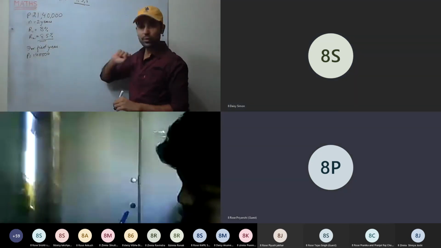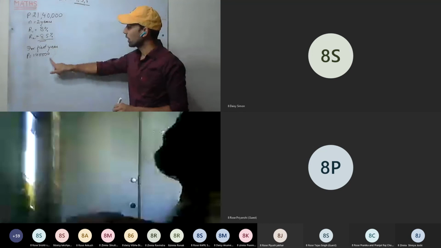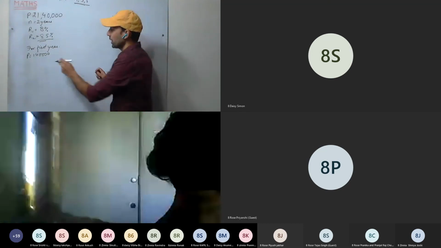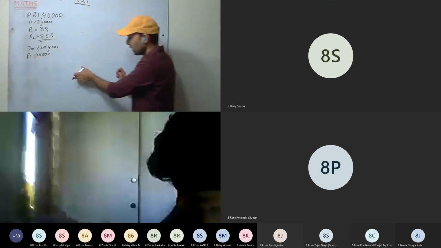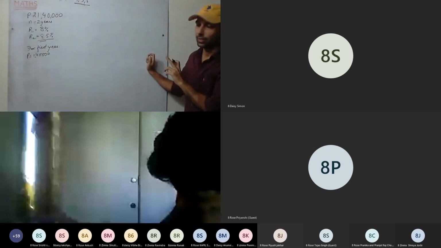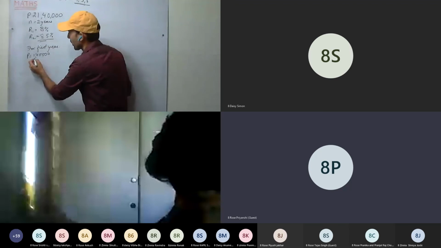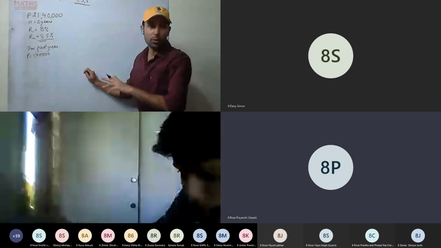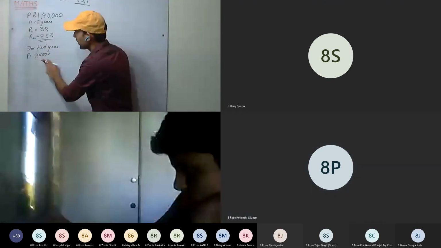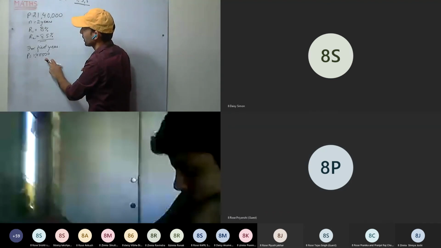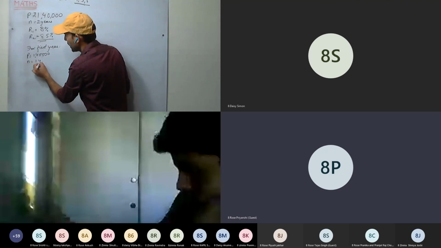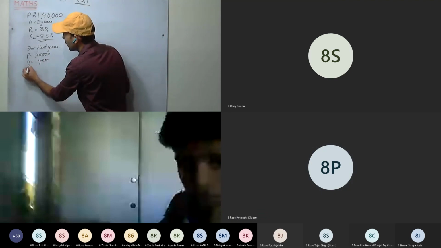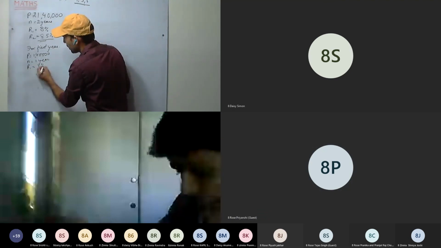Here as well there is a direct formula, but for the time being we will do it with the long method. So for the 1st year, principal is this much, N equal to 1 year, and rate will be 8%.